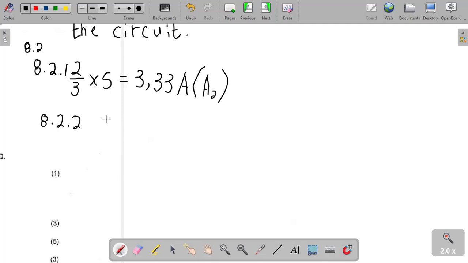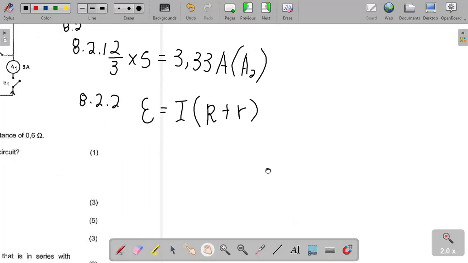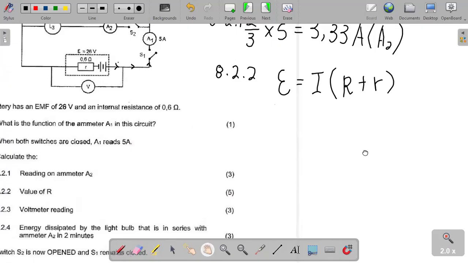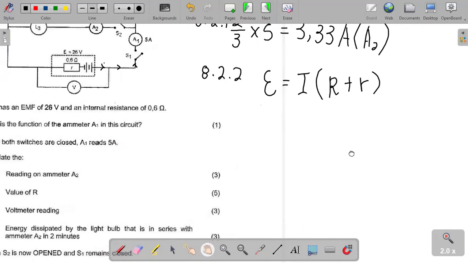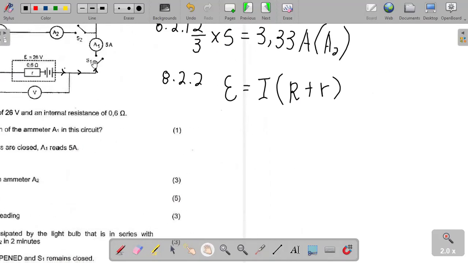So we can say EMF equals I times (R plus r). And then they told us the EMF is 26. Then you have 5 here.